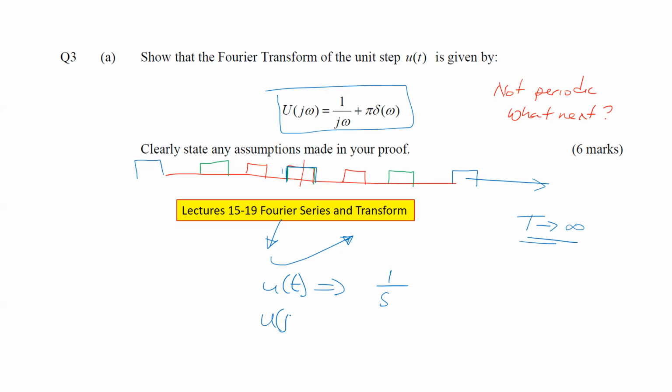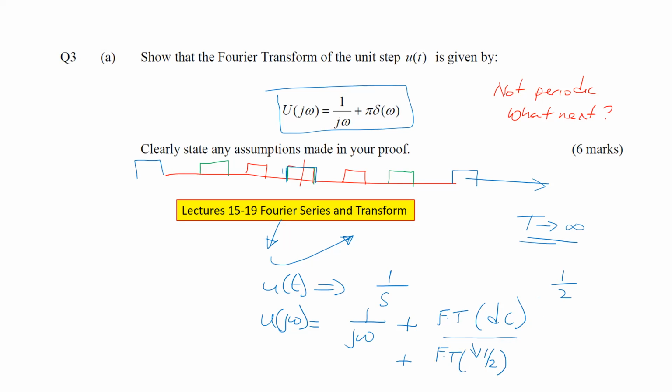So U(j omega) is equal to 1 over j omega plus the Fourier transform of the DC component of u(t). And for the Fourier transform of the DC component, you could show that or recall it, but the important thing is you have to tell me that the DC component of the unit step is a half. So this is plus the Fourier transform of a half.